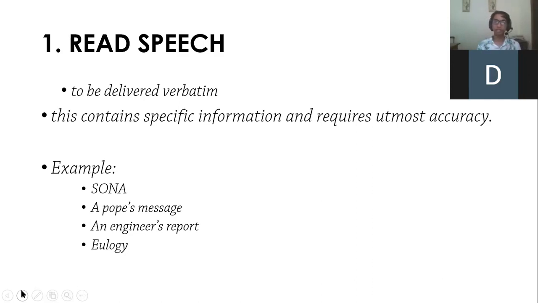This contains specific information and requires utmost accuracy. Of course, if you need to read that particular speech, you also need to rehearse. An example of read speeches is the SONA. You should be accurate, right? Like you're the president, you should be giving facts and nothing but the truth.